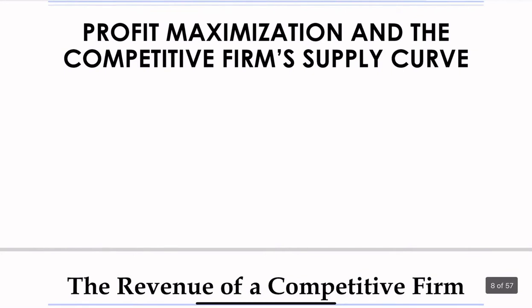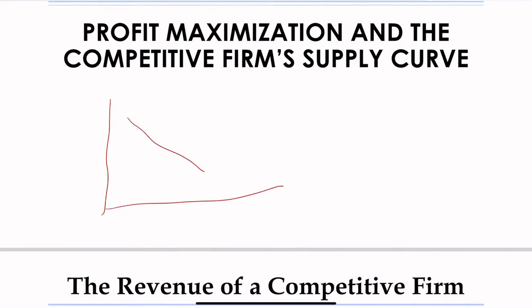Now let's talk about profit maximization in the competitive market. Why do we talk about this? There are at least two purposes. First, we want to understand how a firm determines its quantity in this competitive market. Second, we want to understand how we get the so-called supply curve, right? If you recall the first half of this intro to micro class, we talked a lot about curves, right?